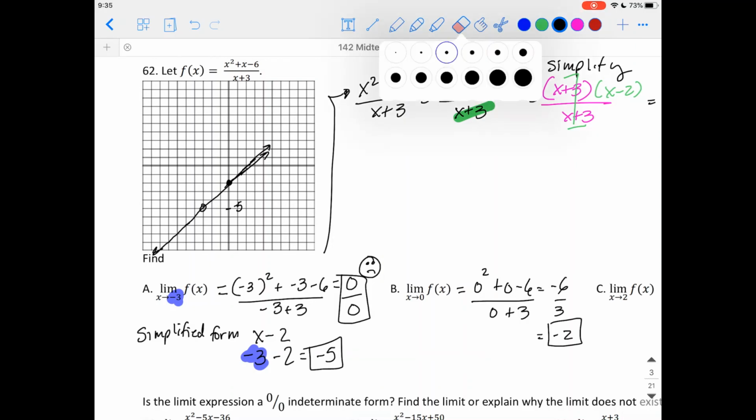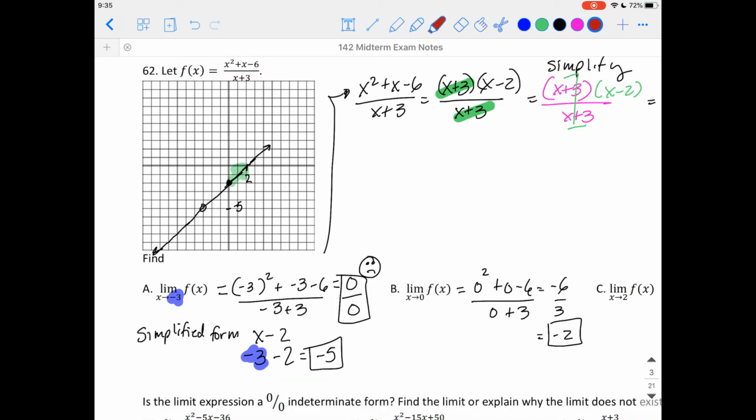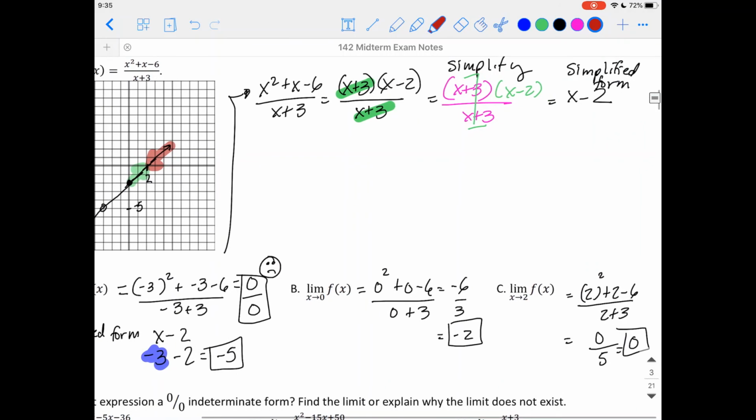Okay, so at x equal to 2, let me put the 2 right here. Here's 2. So coming from the left and coming from the right, the y value that they meet at is definitely 0. And there's your answer right there.